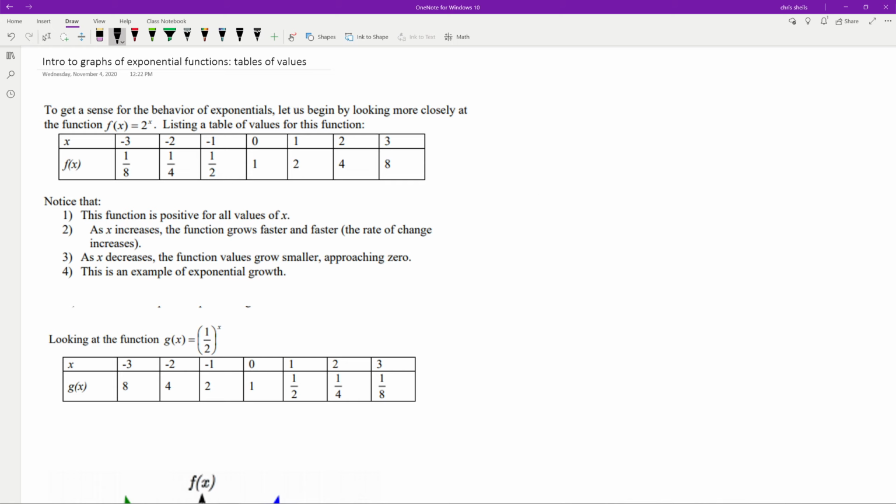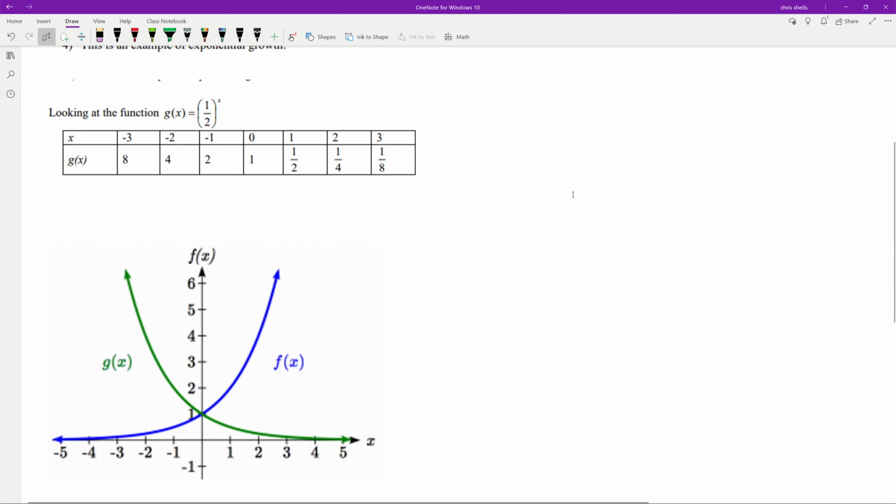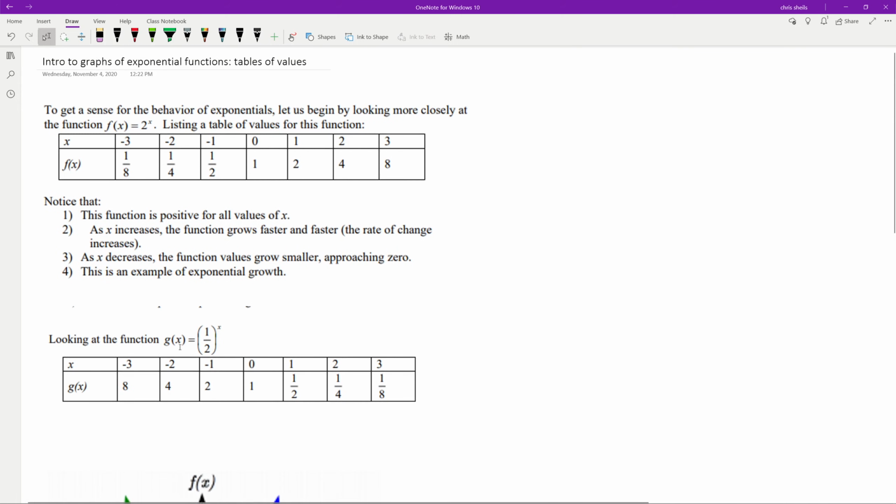If I look at a somewhat similar function, this is g of x equals 1/2 to the x power. Notice here that my g of x values look flipped from the f of x values, right? All of these y values are also positive.